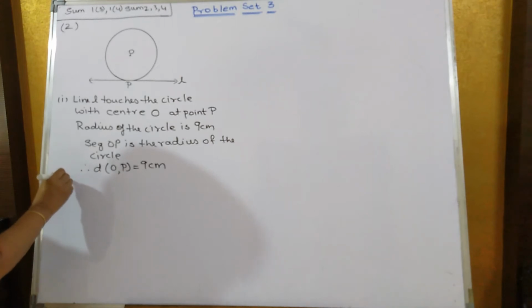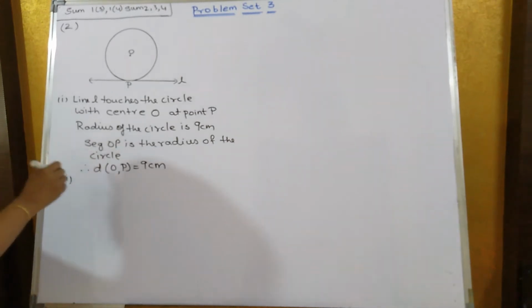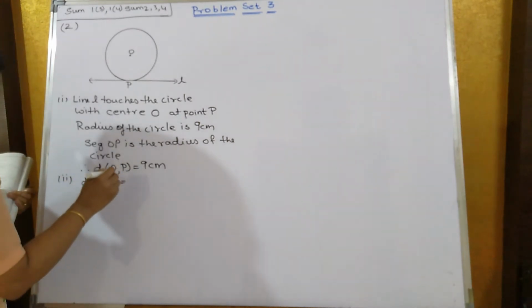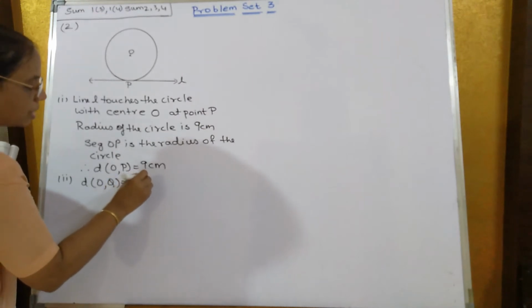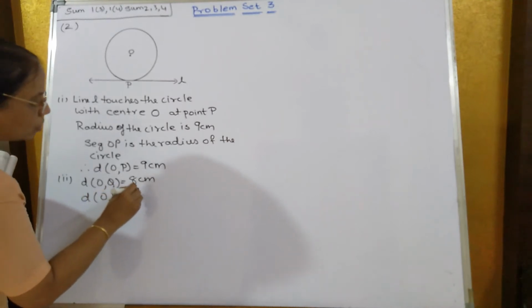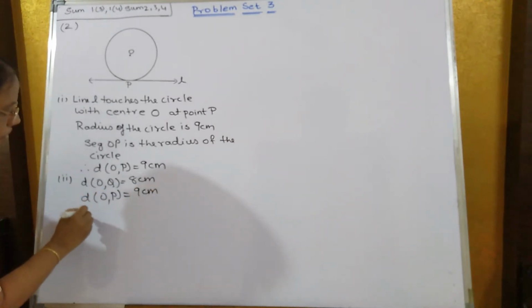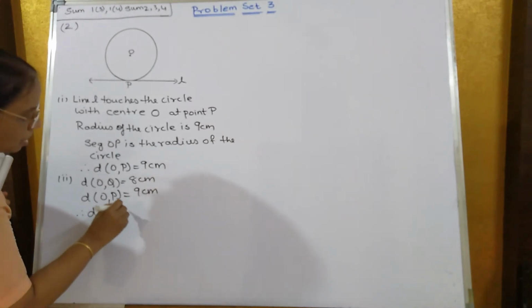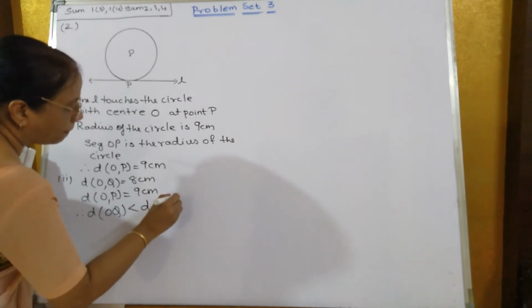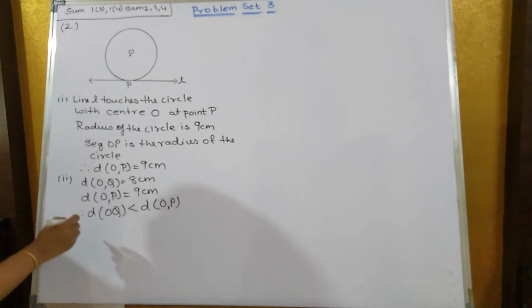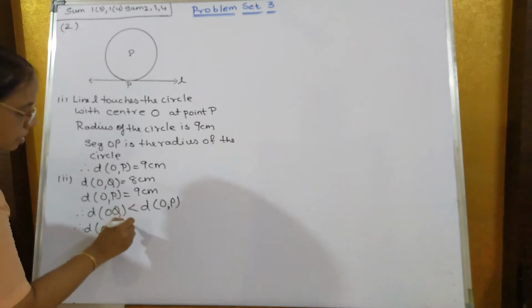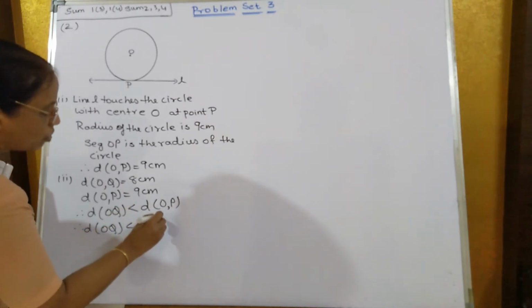Now the second question: distance OQ is equal to 8 centimeter and distance OP is equal to 9 centimeter, therefore distance OQ is less than distance OP. Since it is less than the radius, where will the point Q lie?